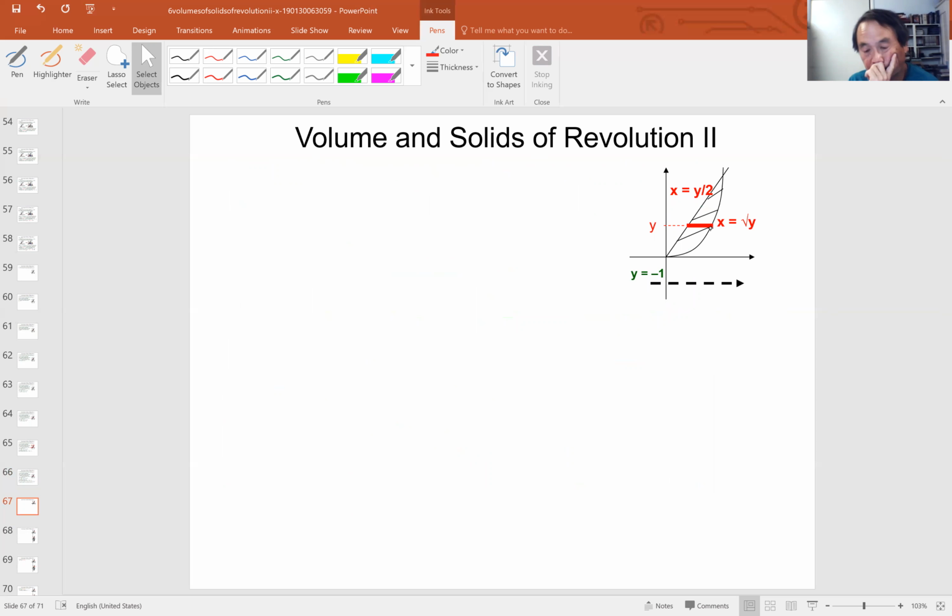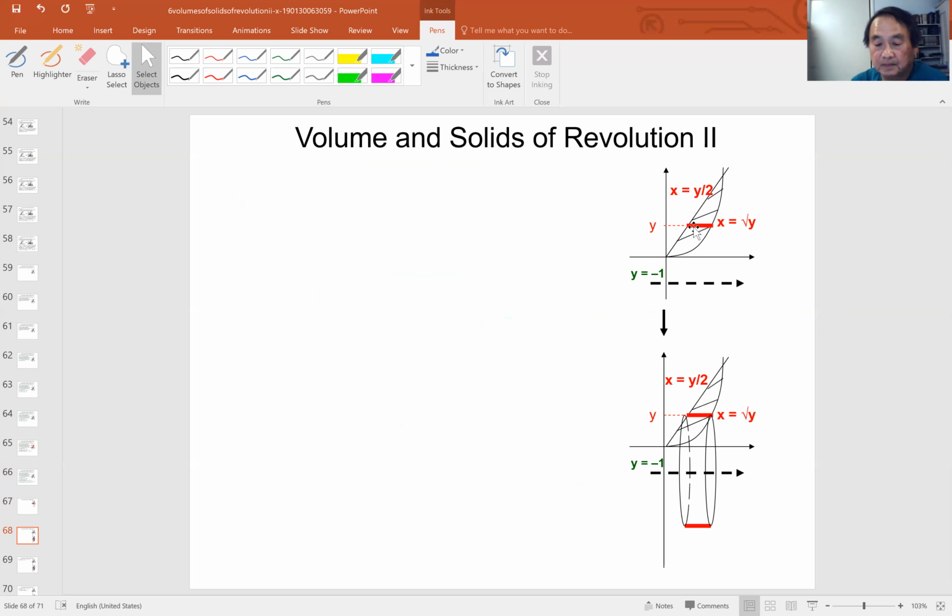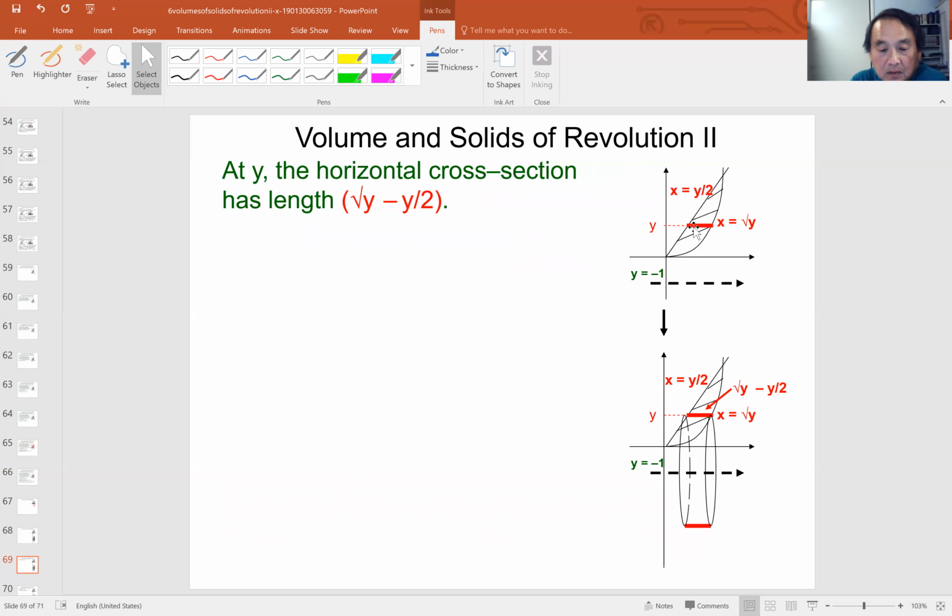So now we have this situation, and I'm following the cylinder as it forms, as it rotates around. Now the radius is from here to here, the top minus the bottom. Let's do the cross-sectional length first: the right minus the left.